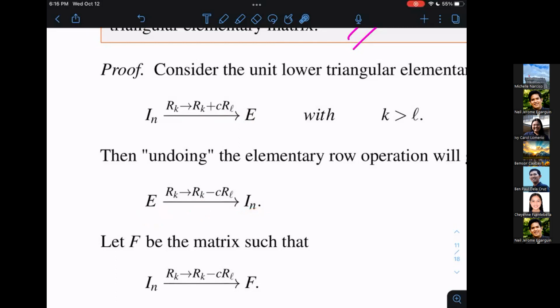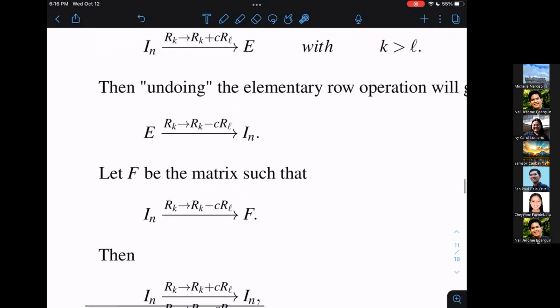Okay? And then, dahil gusto kong mahanap yung inverse para ma-prove na siya ay unit lower triangular pa rin, kailangan ko makita ano yung matrix representation ng elementary row operation. Okay? So to get that elementary row operation, i-apply ko itong inverse operation doon sa identity matrix. Makukuha ko yung elementary matrix F that represents the ERO that can undo what happened in the row translation.